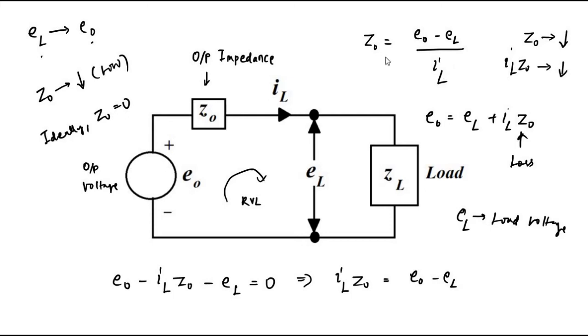So we can write it as IL Z0 into IL, which is IL square Z0. We know the less the power loss, the less the distortion.